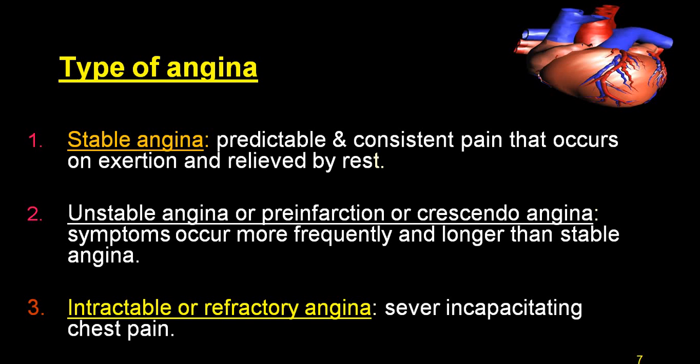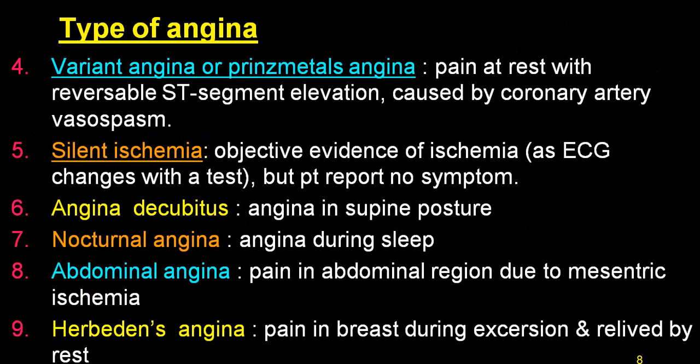When that angina frequency increases, duration of the pain becomes longer, and it comes even at rest, then we call that unstable angina or pre-infarction, or the term also utilized was crescendo angina. If after treatment anginal pain is still persistent in spite of proper treatment, then it is called intractable or refractory angina.